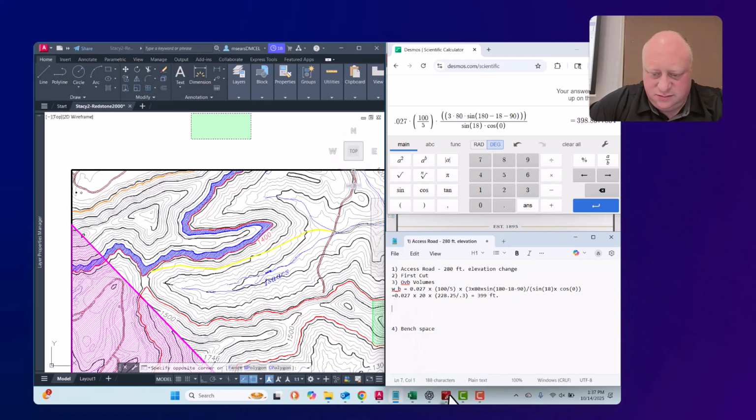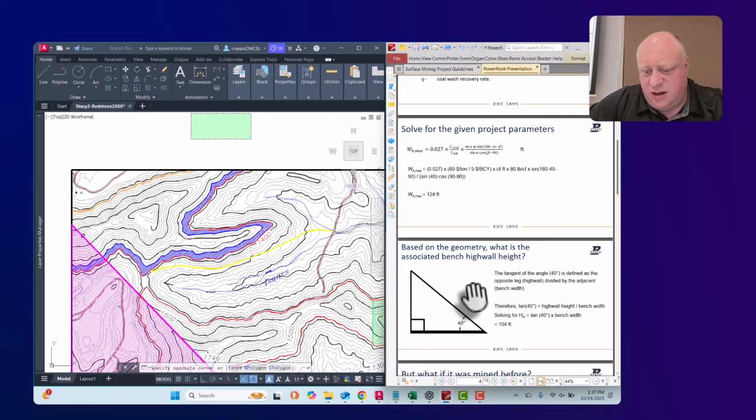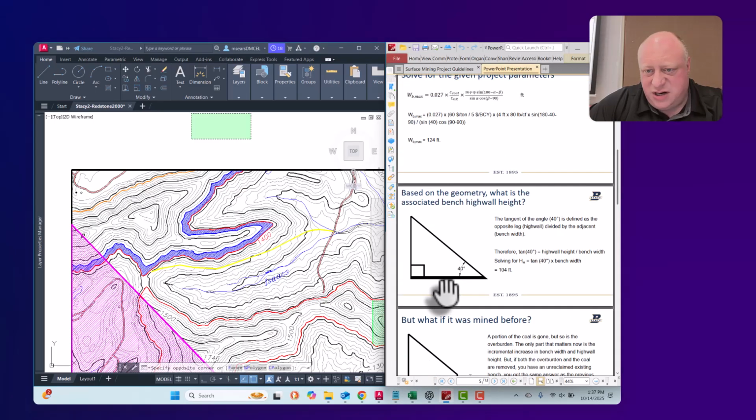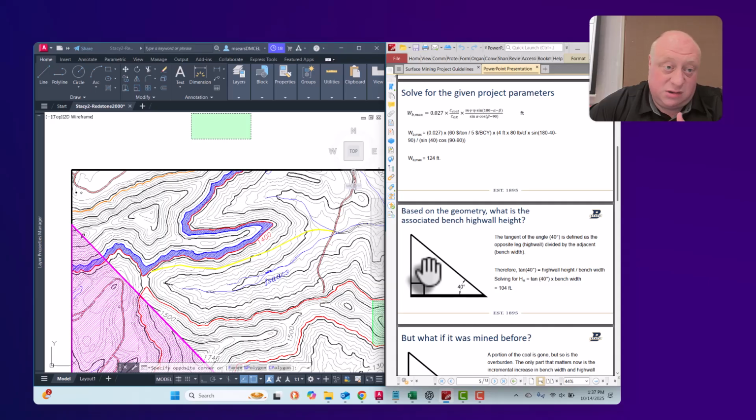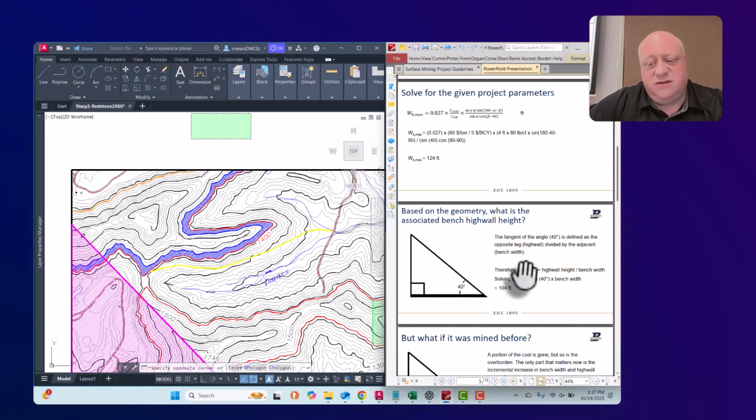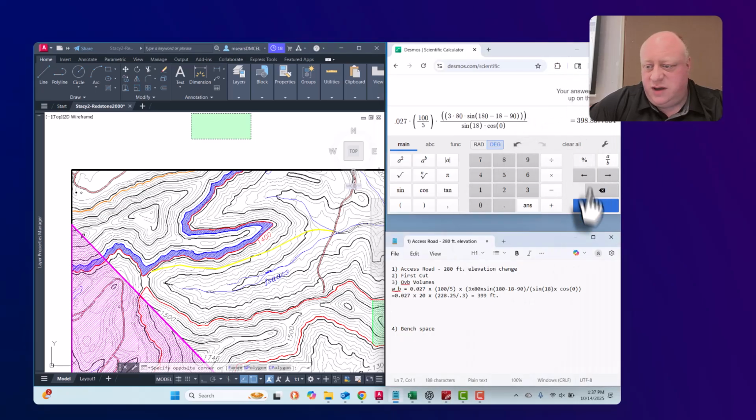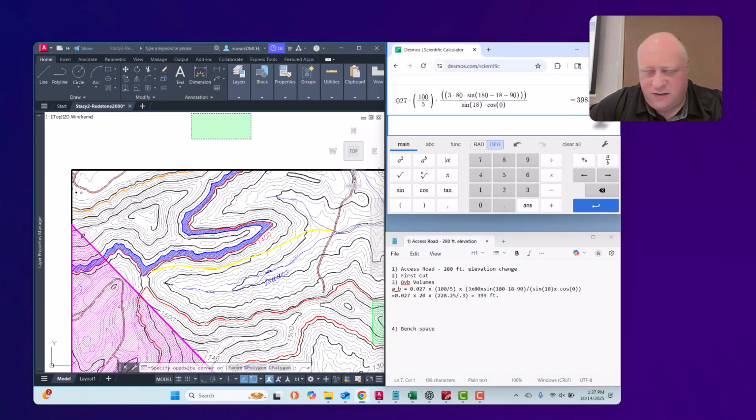And then to calculate our bench height, or high wall height, we're solving for h again, and it's the tangent of the slope angle multiplied by that bench width. So we have our final answer there from the last time. Sweet.